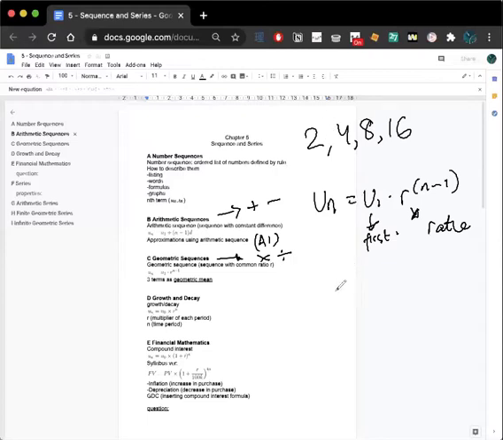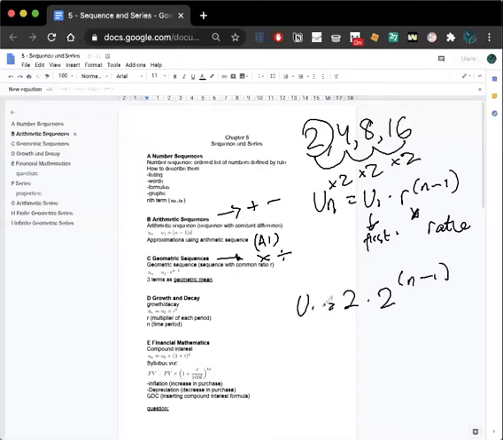If you want to look for, for example, u4, in this case, you would obviously want to find the ratio first. To find the ratio, you divide this by this, this by this, and this by this. And you can see that the ratio of it is 2. And the first term is also 2. So it's un equals 2 times 2^(n-1).